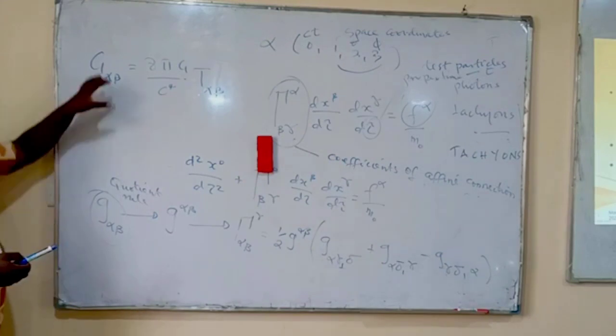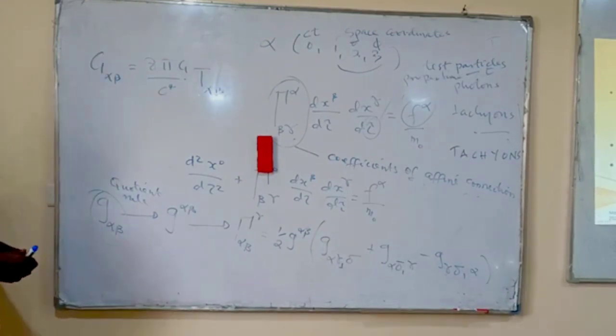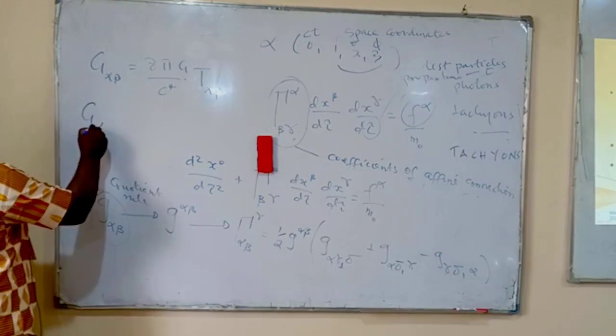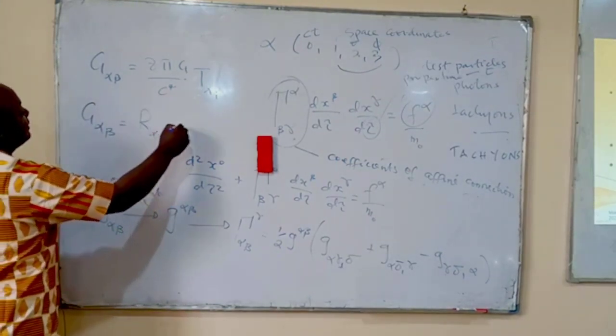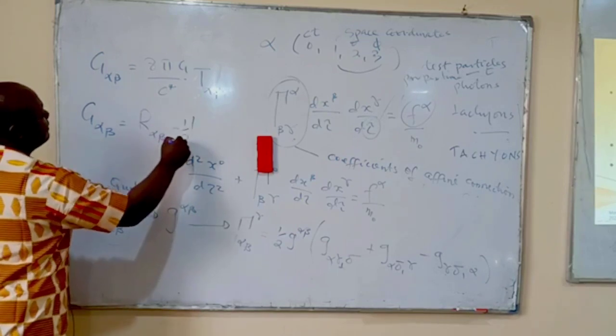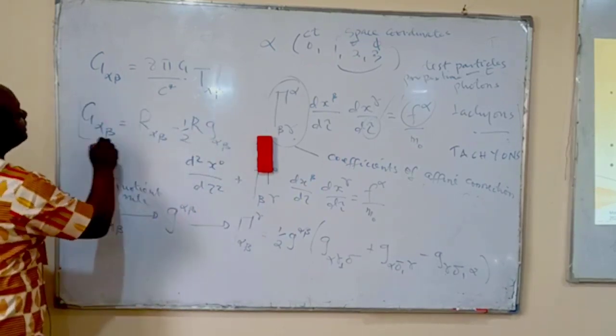And this tensor is what we call the Einstein tensor. This is how it's defined.